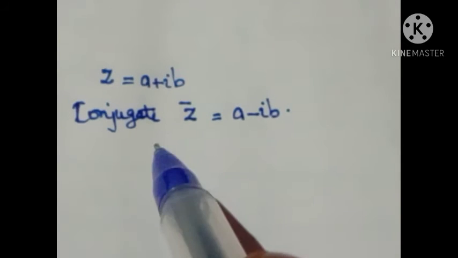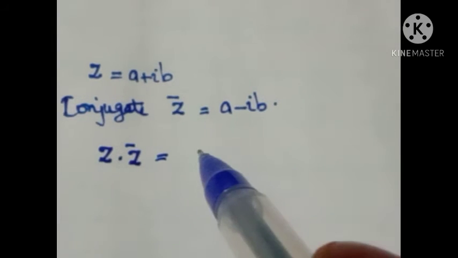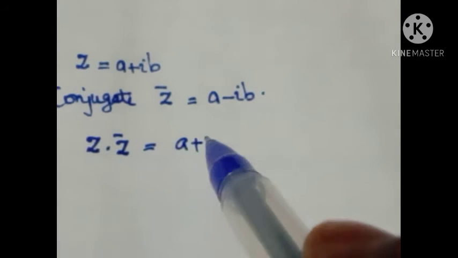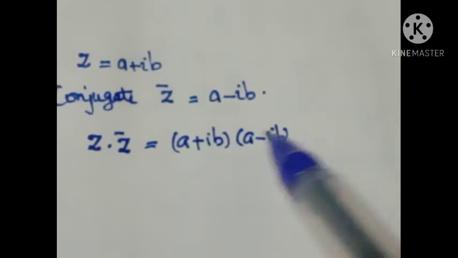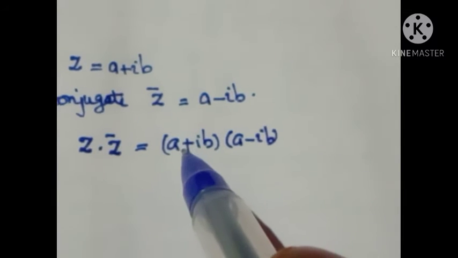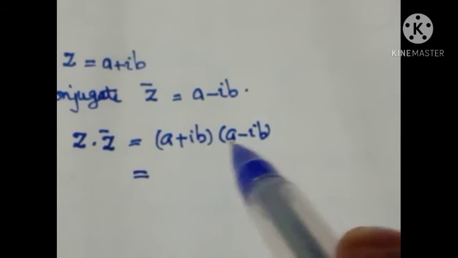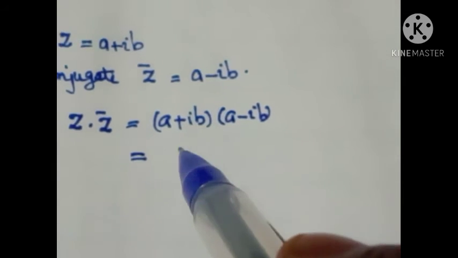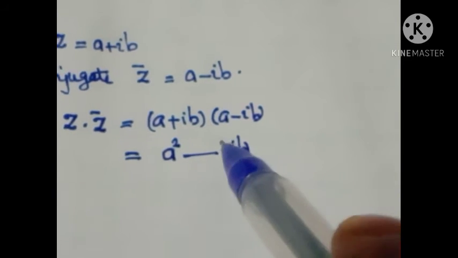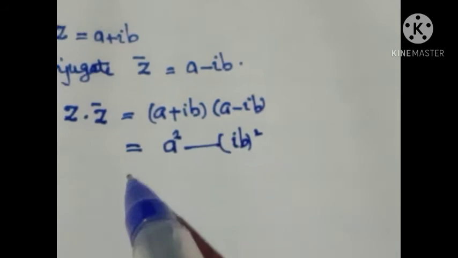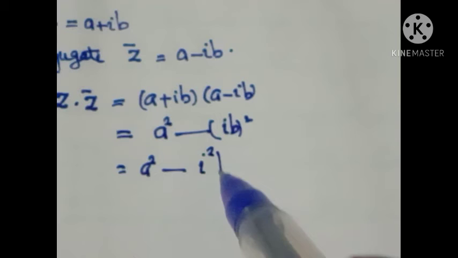So what is z into z bar? Z is a plus ib, z bar is a minus ib. Just multiply. It is of the form (a plus b) into (a minus b), which is a square minus b square. This becomes a square minus (ib) square, that is a square minus i square b square.